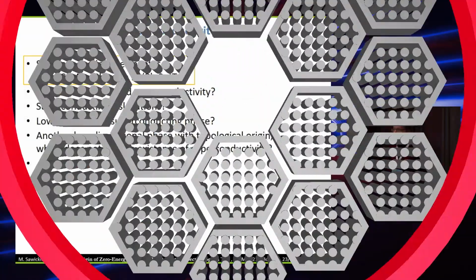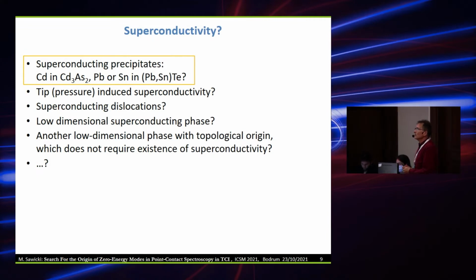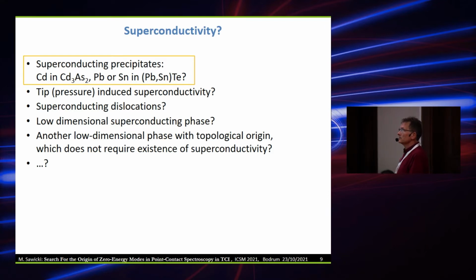So, if this is supposed to be the conductivity, what may we have? First of all, we have to exclude the presence of superconducting precipitates. After all, the compound consists of lead or tin, so precipitates of any of these could be a source of superconductivity.